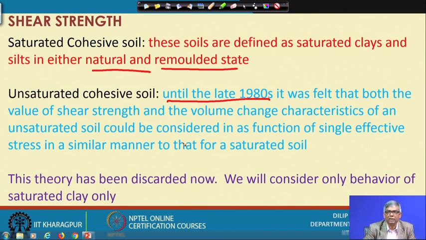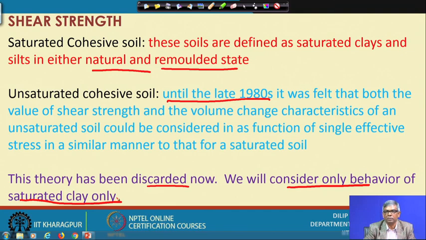But of course, this understanding has changed and new theories have developed, and so this theory has now been discarded. Though several things are available now for unsaturated soil, we will concentrate only on the behavior of saturated clay.